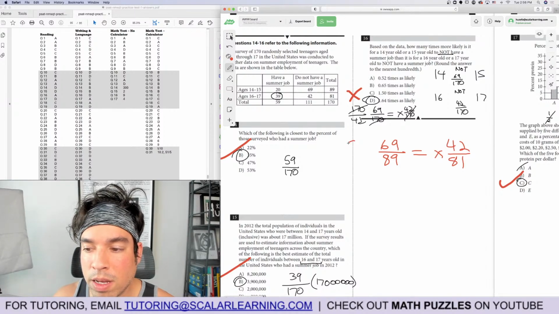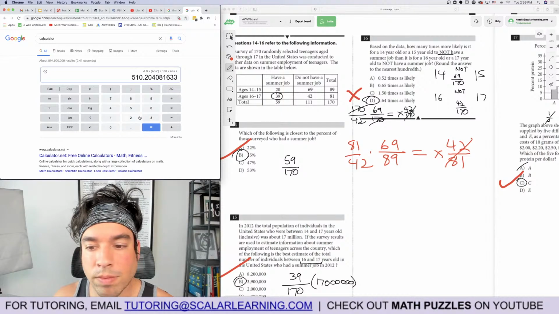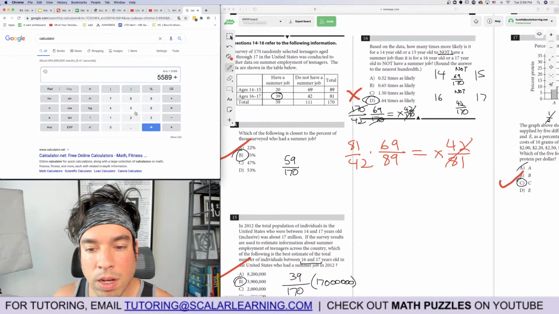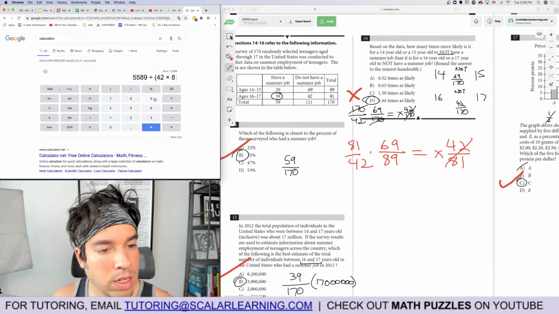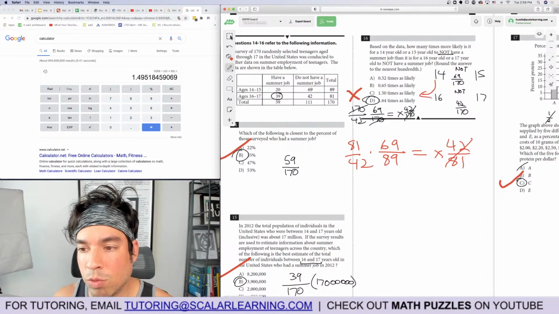Then we cross multiply 81 over 42. 81 times 69 divided by 42 times 89 is 1.5. And that was the answer, which was C.